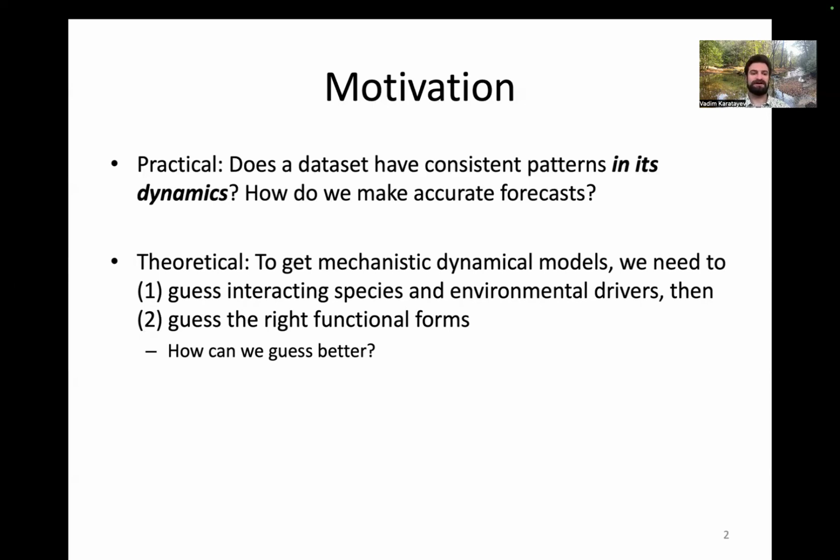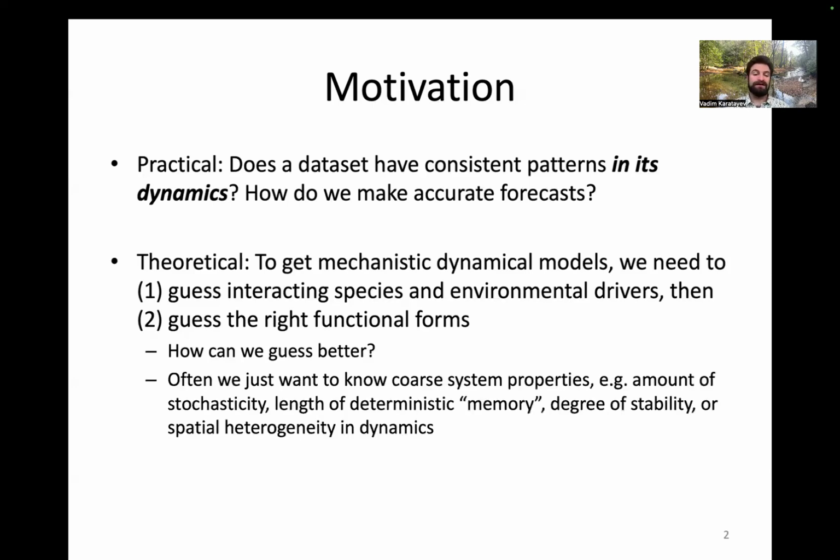Okay, and so an immediate question is how can we guess better, and get to the right answer more quickly, if we have some indication of what the functional forms are, or what the important variables are. A lot of the time, we also just want to know coarse properties of the system. Things like how much stochasticity is there, are the dynamics deterministic, is there any consistent change to explain?